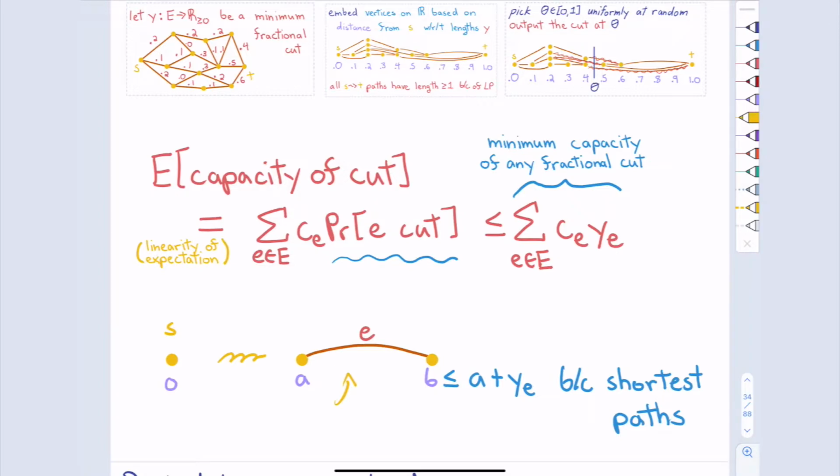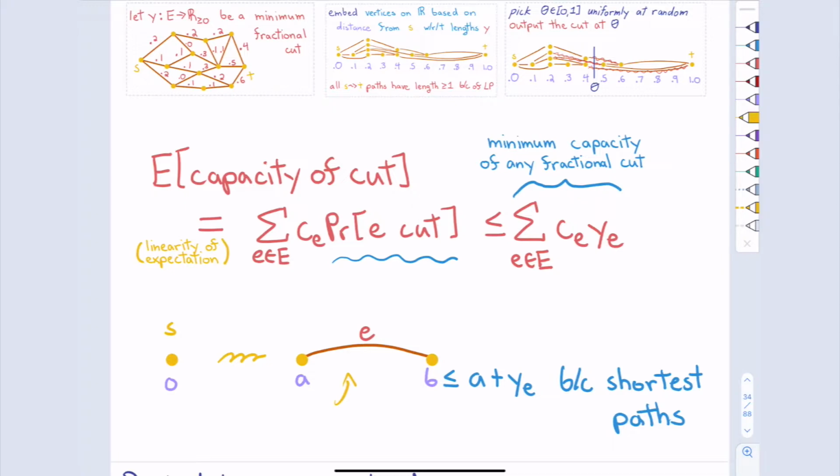But of course, I can take the shortest path to A and then take edge E to B, and it would be A plus y_e to get there. So whatever is the actual shortest path to B is at most A plus y_e. What that means is that this width right here is at most y_e.